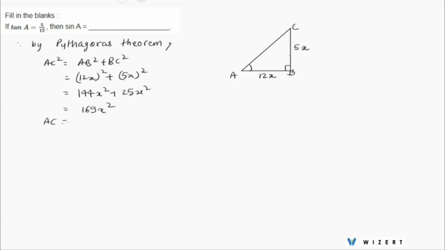Therefore, AC square is equal to 13x whole square. So AC we get as 13x units. Actually, we get both positive and negative, but since this is length, we discard negative value.